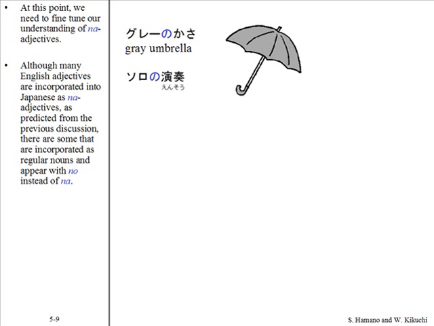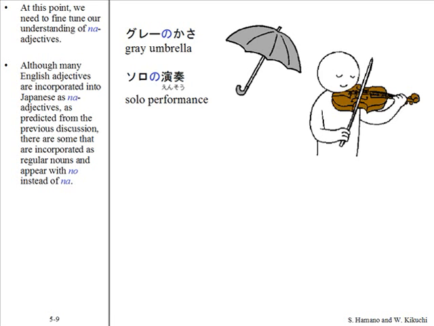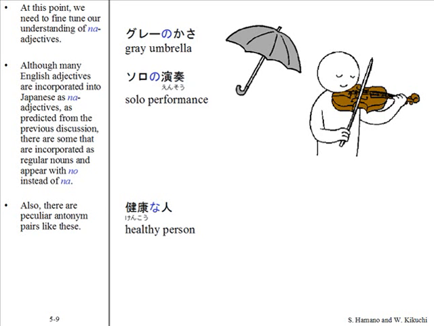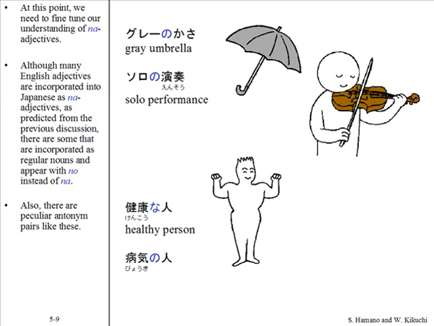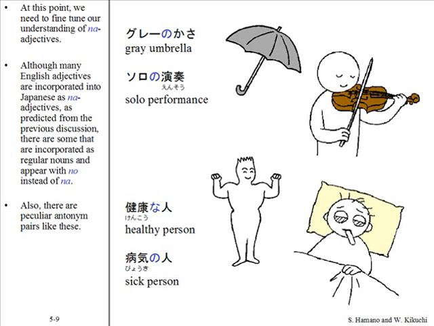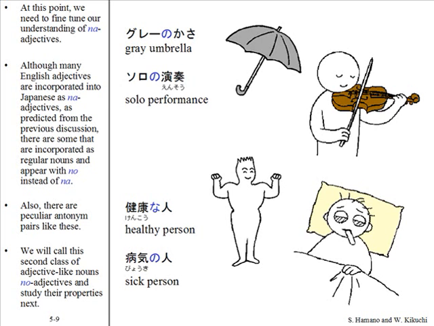Although many English adjectives are incorporated into Japanese as na-adjectives, as predicted from the previous discussion, there are some that are incorporated as regular nouns and appear with no instead of na. グレーの傘、ソロの演奏。Also, there are peculiar antonym pairs like these. 健康な人、病気の人。We will call the second class of adjective-like nouns no-adjectives and study their properties next.